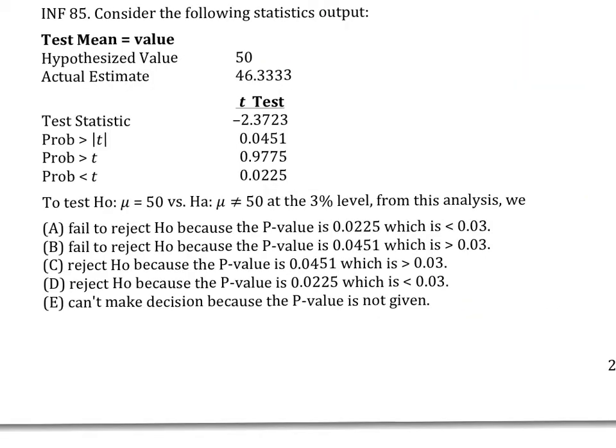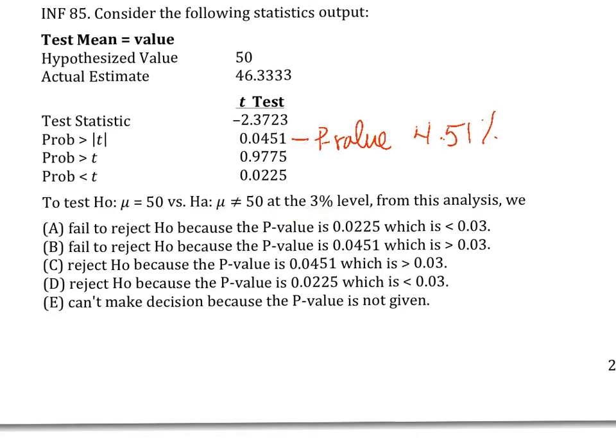Alright, let's interpret the computer output. The problem here is a two-tailed test, so we need the p-value for the two-tailed test. These are all p-values, but this one is the p-value for the two-tailed test, and it's 4.51%. And we need to test this at the 3% level of significance.